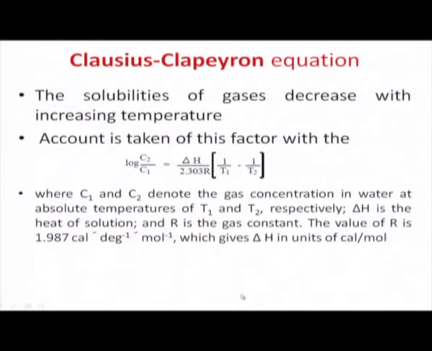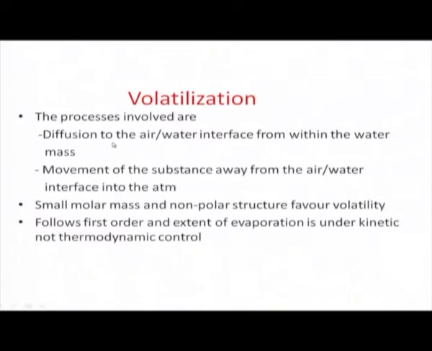Usually the solubility of gases in water decreases with increasing temperature. In the process of volatilization, there are two steps involved. The first is the diffusion of the particular solute to the air-water interface from within the water mass.